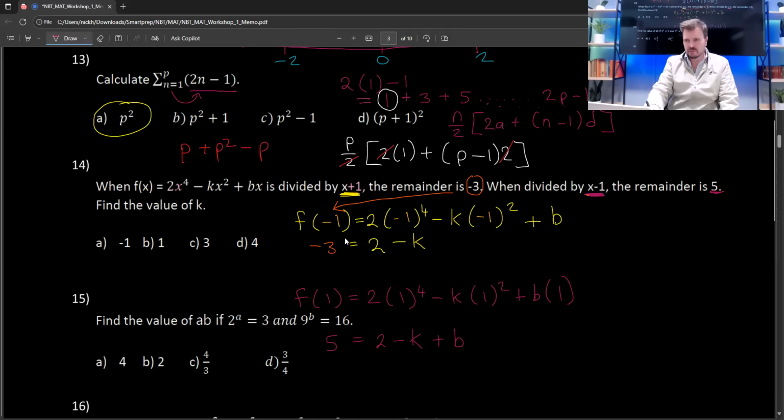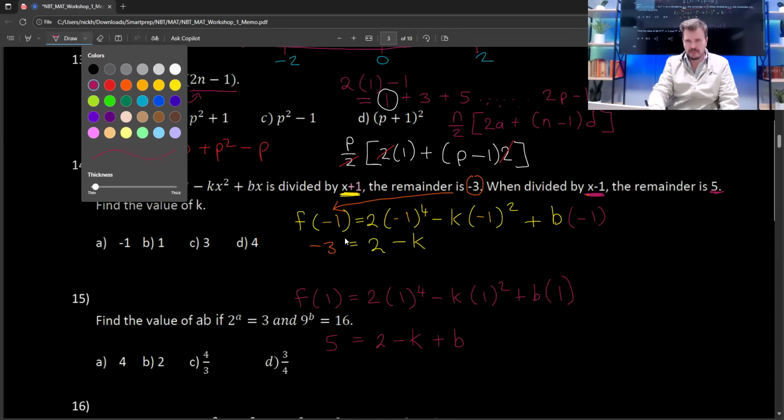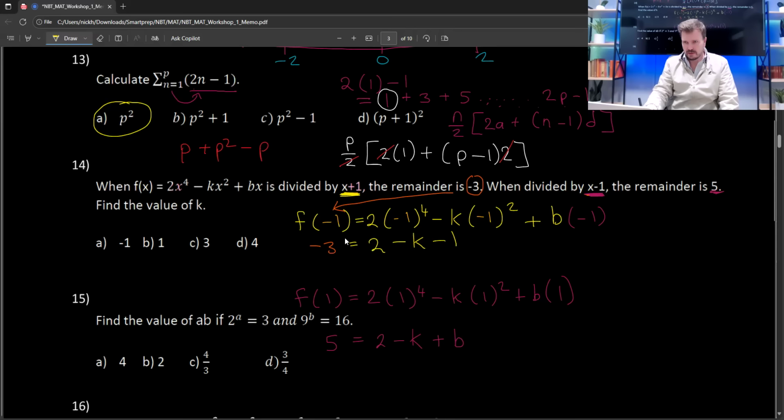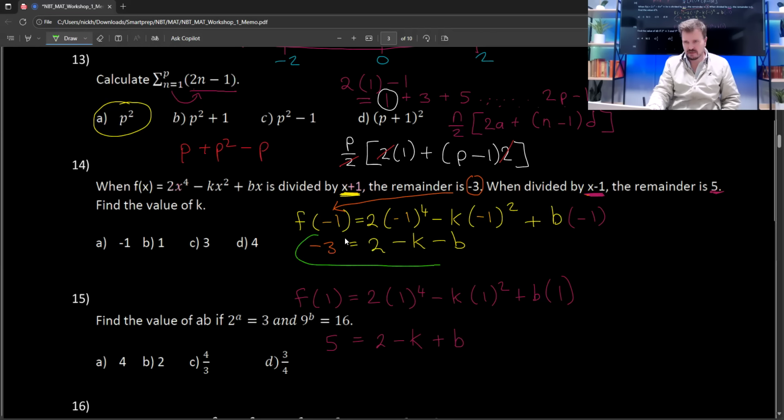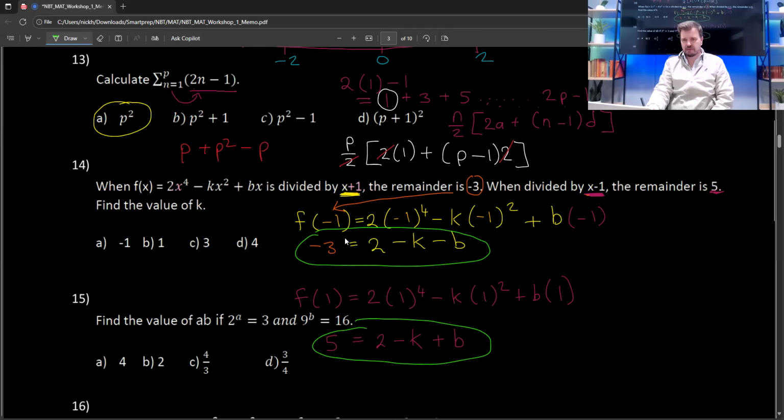Because if I replace this here with a -1, it'll be negative b. Okay. And so what I want to do is I want to solve for k. Well, if I add these two equations together, that one and that one, I will end up being able to solve for k.